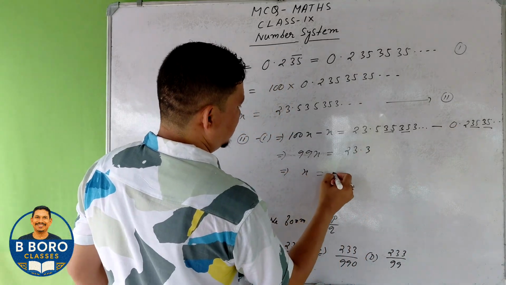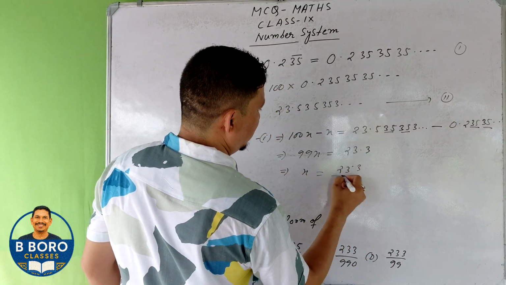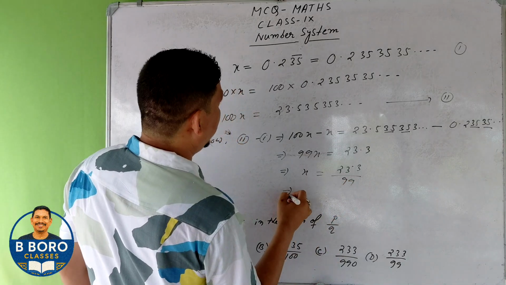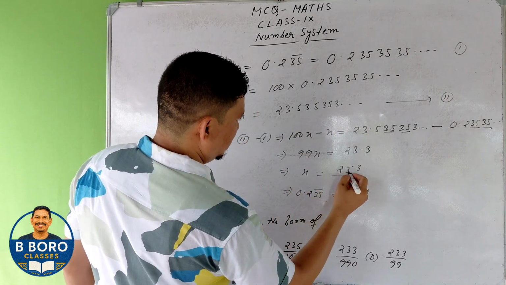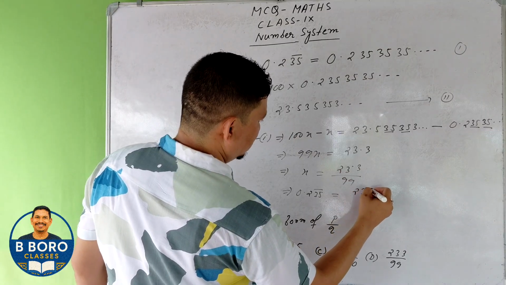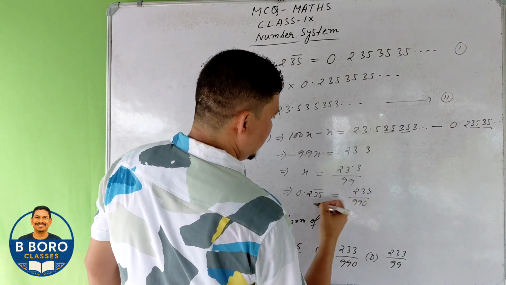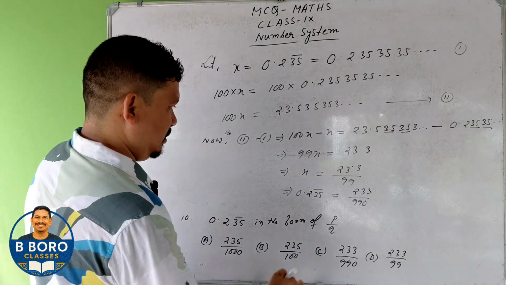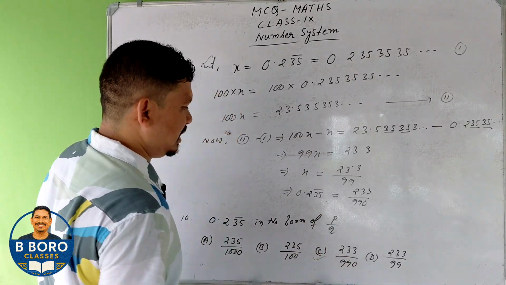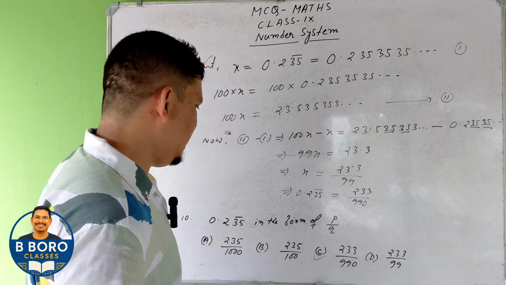So ultimately x equals 233.3 by 99. The x means ultimately 0.235 bar. If we eliminate the decimal, it becomes 233 by 990. Out of the 4 options, if we observe option C, 233 by 990 is the correct option.